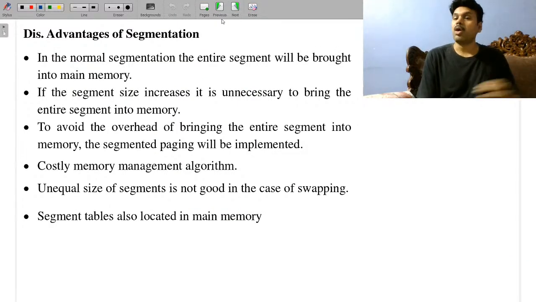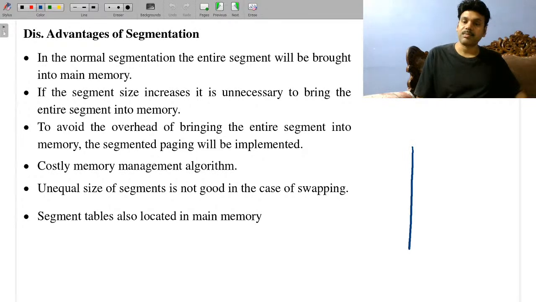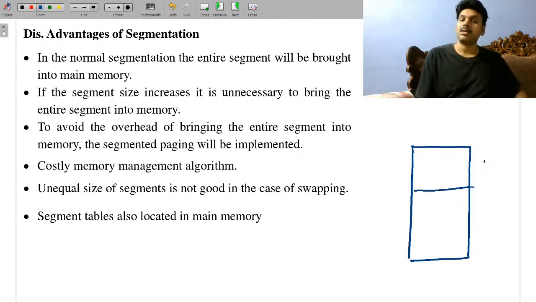So what are the drawbacks of segmentation? If I am doing only segmentation, what are the drawbacks? The first drawback is this. For example, you see, this capacity is 100 kb and this capacity is 200 kb.